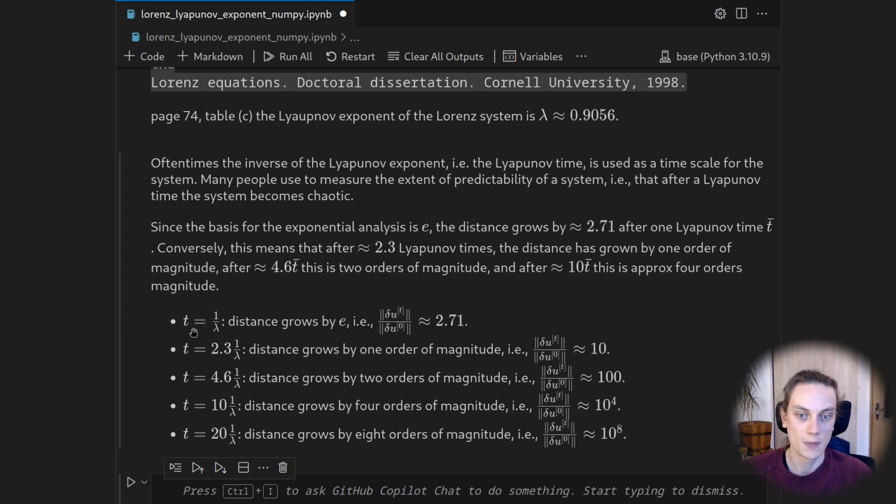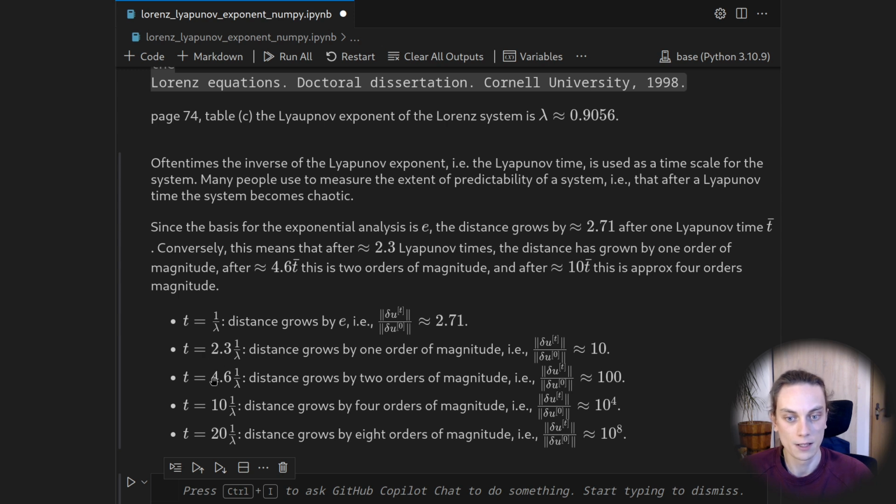If we spend 1 Lyapunov time, so if the time passed is 1 over lambda, the distance has grown by around 2.7, that's what we said. And now if we raise 2.7 to the power 2.3, we get 10, and this is an interesting part. So if you spend 2.3 Lyapunov times, then the distance has grown by 1 order of magnitude, so by a factor of 10.